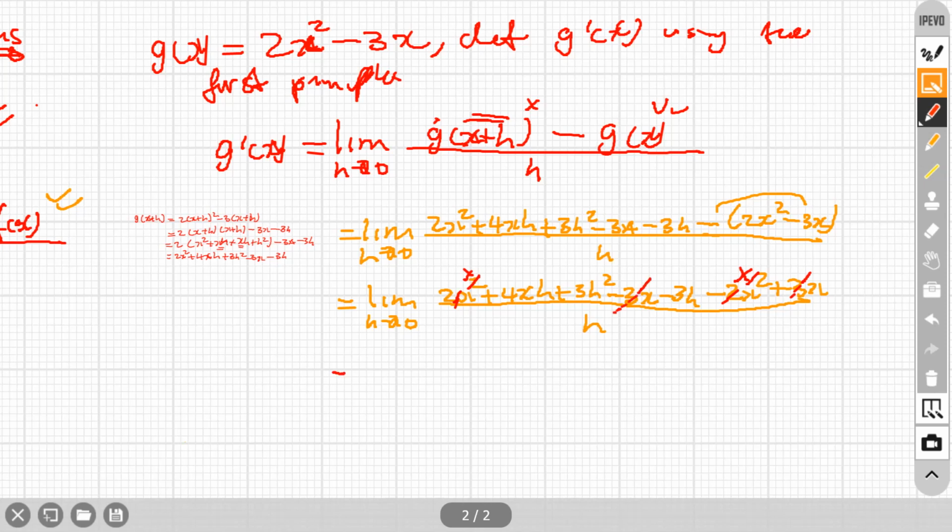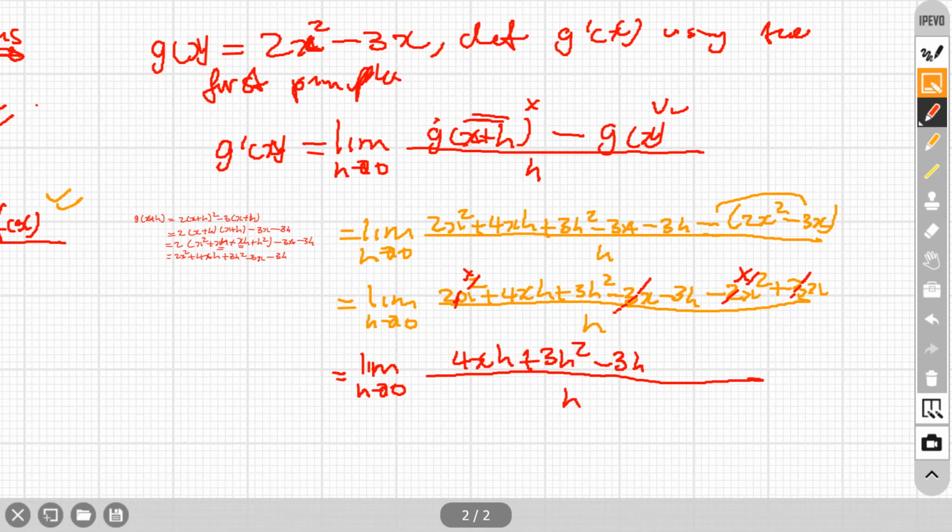Then we are left with lim h approaching 0, then h at the bottom. I'm left with 4xh plus 2h squared minus 3h.